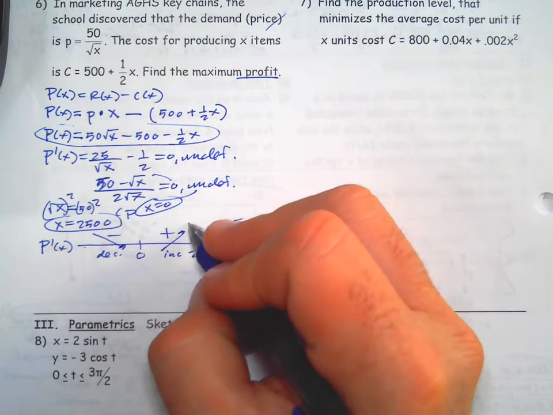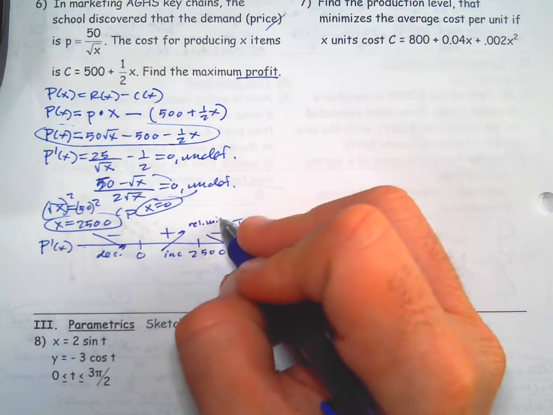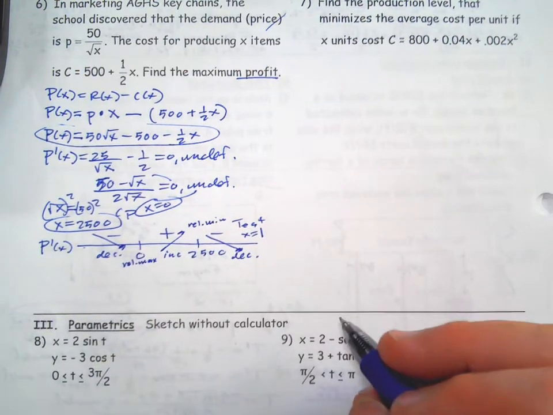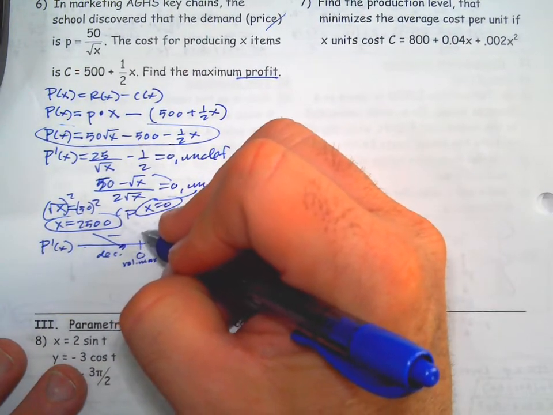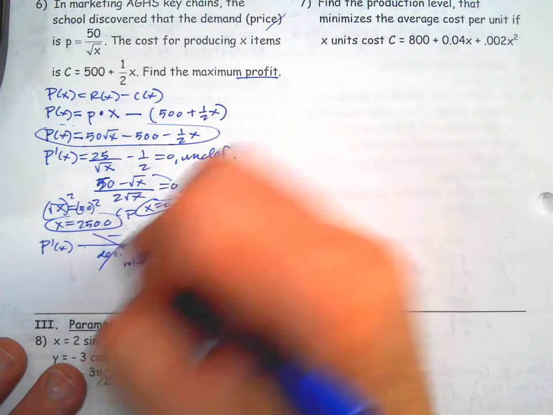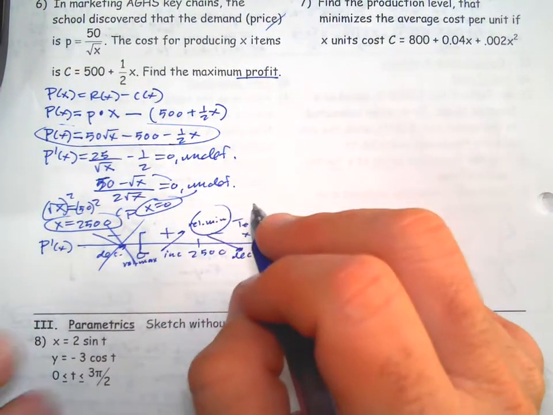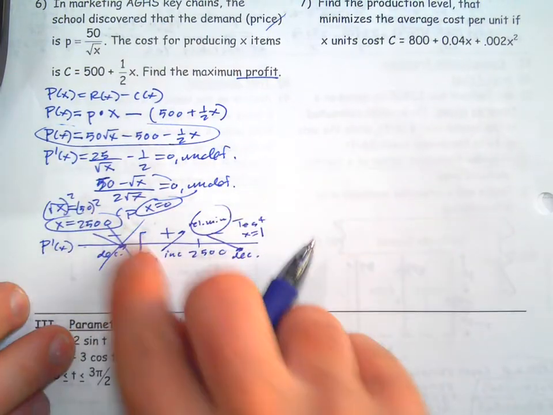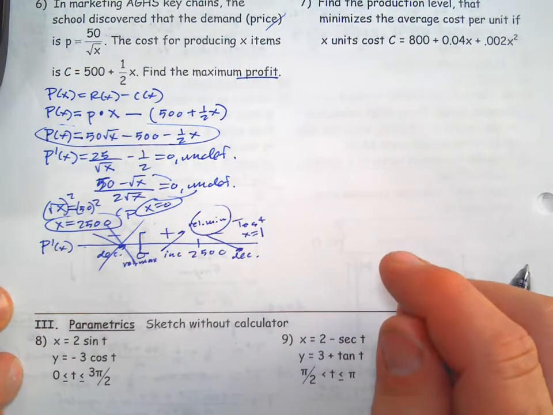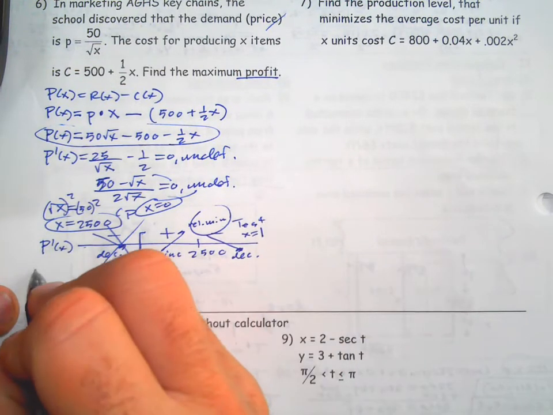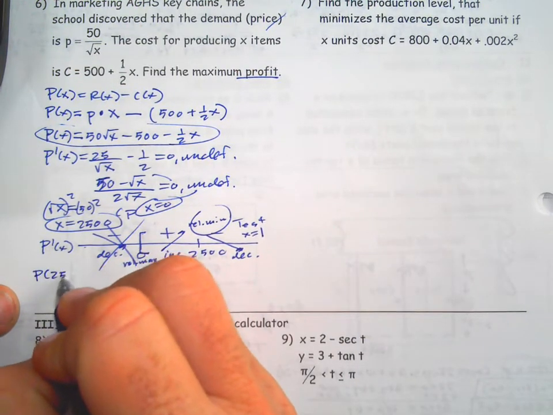Now, if there were no endpoints, we wouldn't be able to tell. We'd be able to say that this is a relative min and this is a relative max, but we're considering producing 0 items, so we're not even looking at that. So this is for sure the highest point of this graph if we get rid of that, otherwise it kept going up there. And then the actual profit still has to be calculated at 2,500 items.